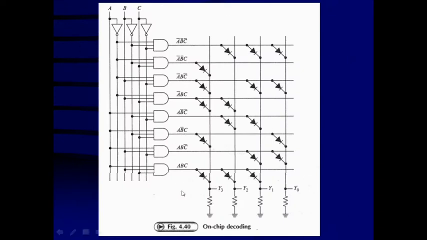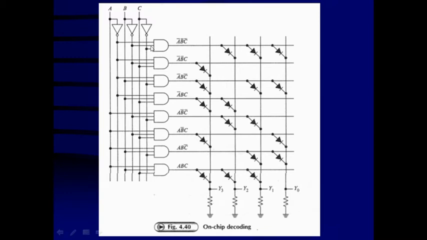This is on-chip decoding using a diode ROM, and a 3-line to 8-line decoder is utilized here. 3-line means there are 3 input variables A, B, C, and there are 8 AND gate outputs, because the input combinations go from 000 to 111. 8 combinations are going to be there. That's why 8 AND gates are utilized.